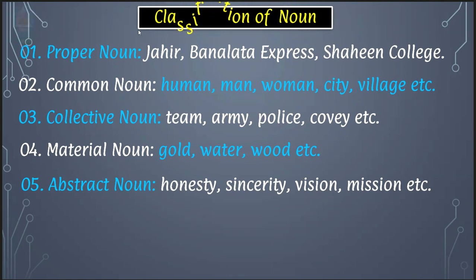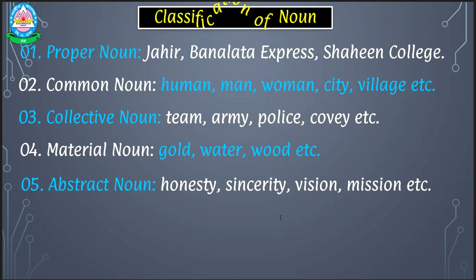So it is very common. If you say human, it is common to me, it is common to you, and it is common to all human beings. So when the qualities are common to all the things or persons of a group or community, that is called a common noun.